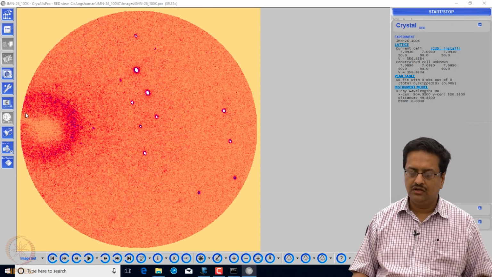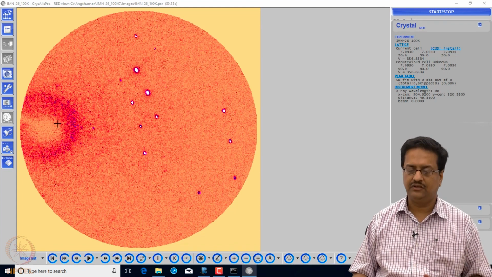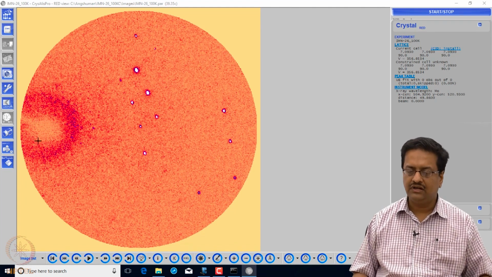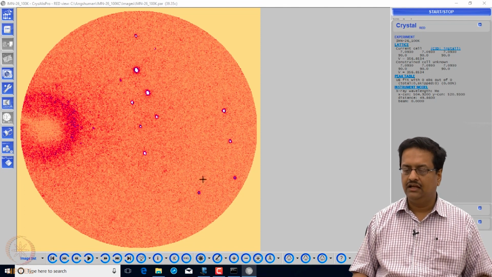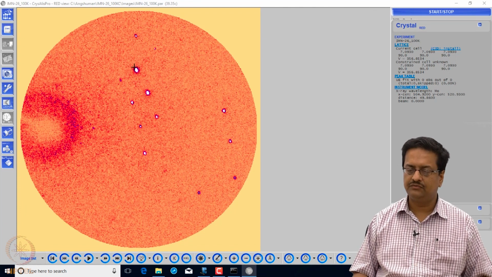In a later video we will show you the diffractometer, the geometry and all that, but here you see that this circular detector is recording the X-ray intensities as white spots, and some of these spots are bright, some are not so bright, and some are very, very small.